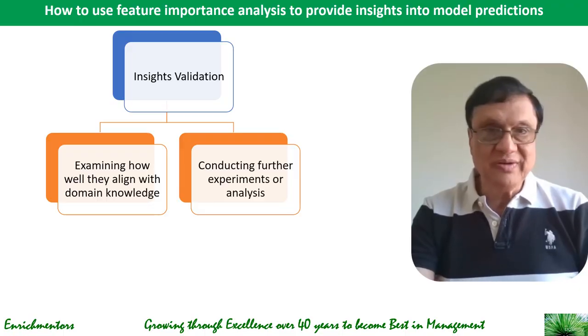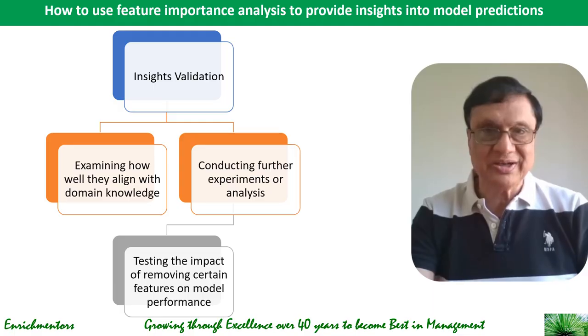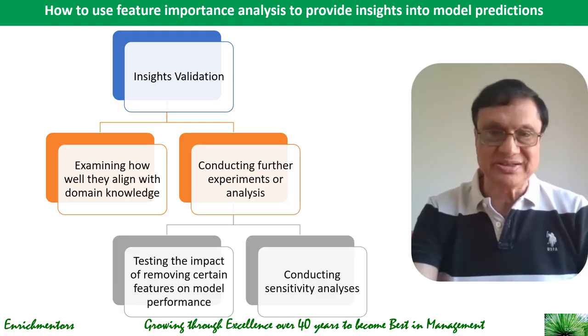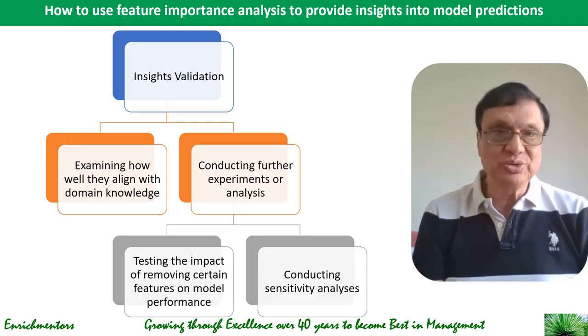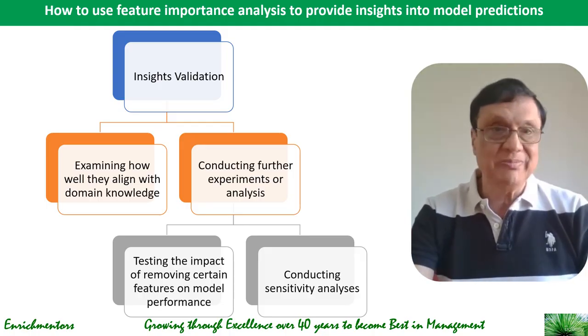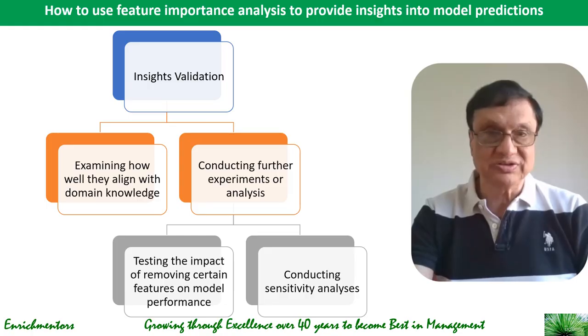The experiments could involve testing the impact of removing certain features on model performance or conducting sensitivity analysis. And that's how you can validate the insights gained by interpreting the feature importance.